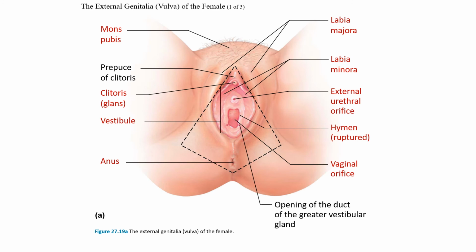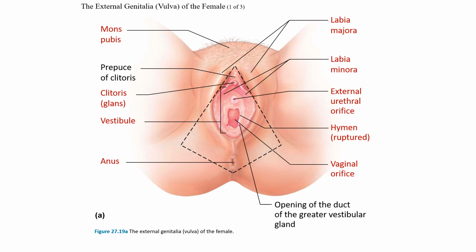So let's look here at the perineum of the female. Notice where the labia majora and the labia minora are located. Notice the opening of the urethra, the opening of the vagina, and the anus. And so what you see through here is why, if you clean yourself after defecation, you're going to pull feces from the anus into the vagina and the urethra if you wipe back to front.